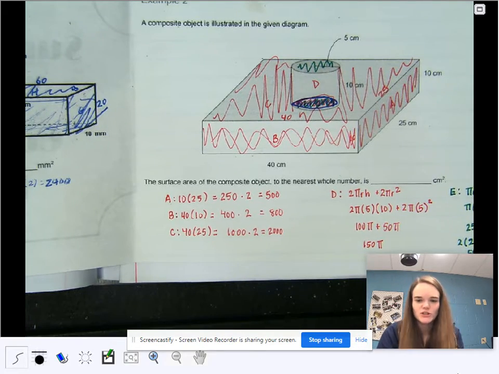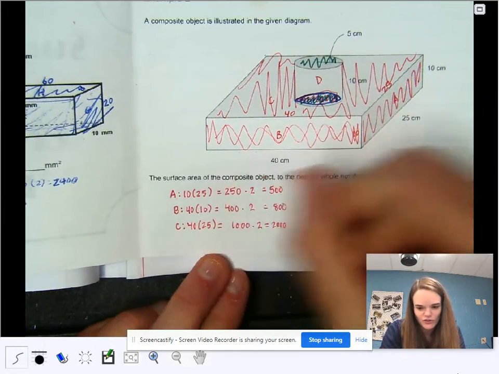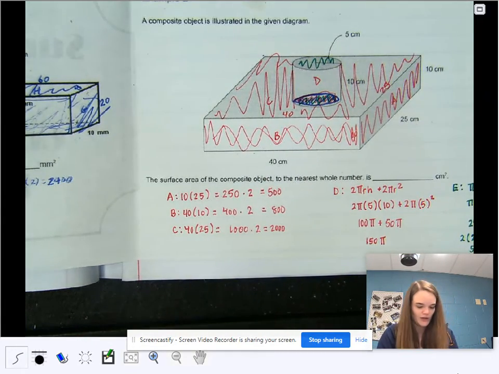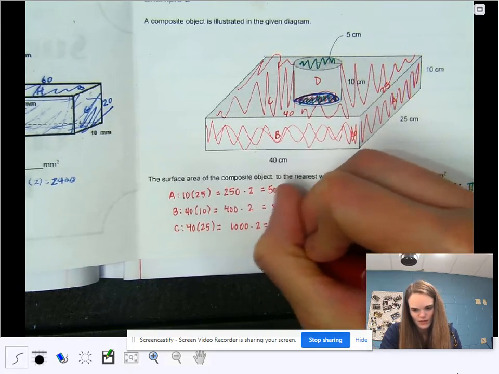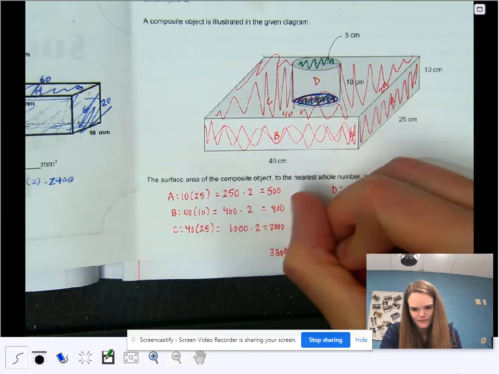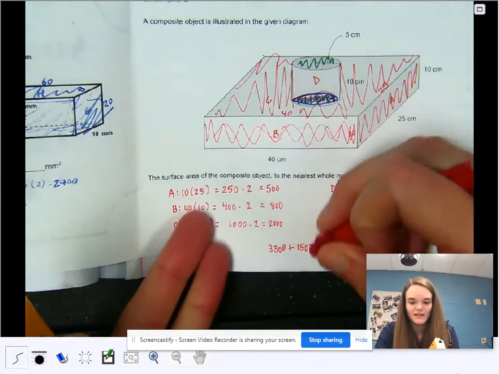Now, what I'm going to do is put all of these together. So 500 plus 800 plus 2,000. 3,300 plus 150 pi, minus 50 pi.